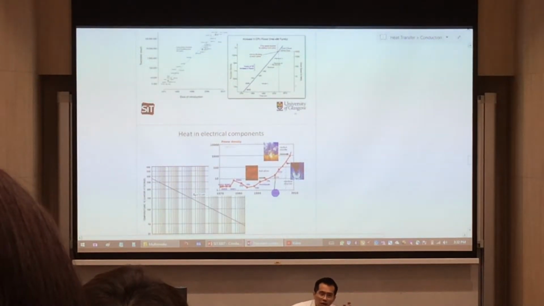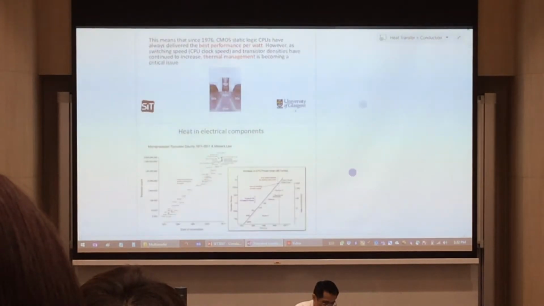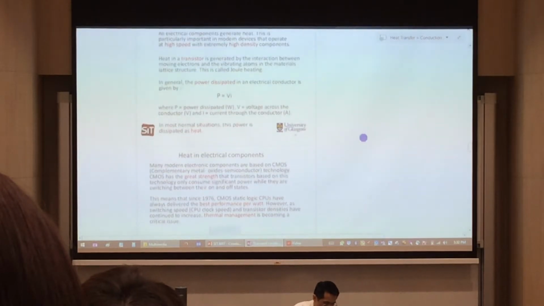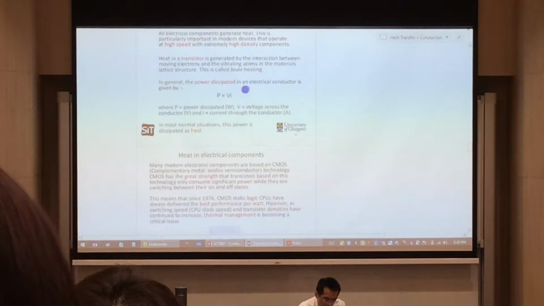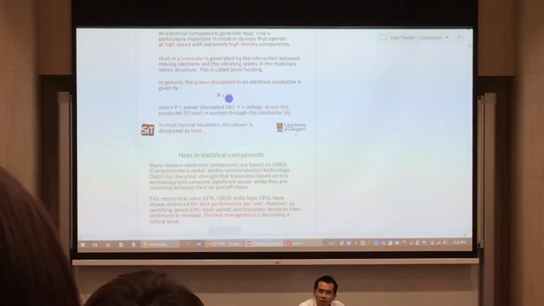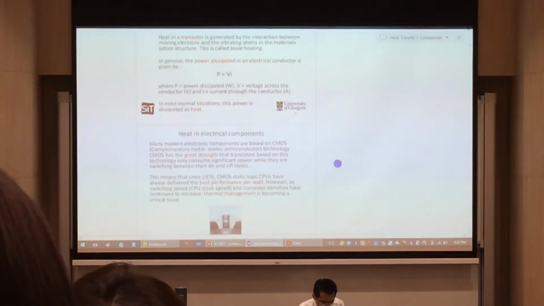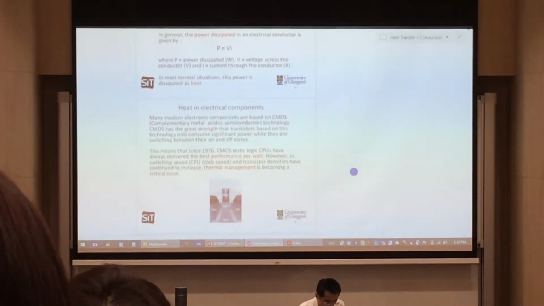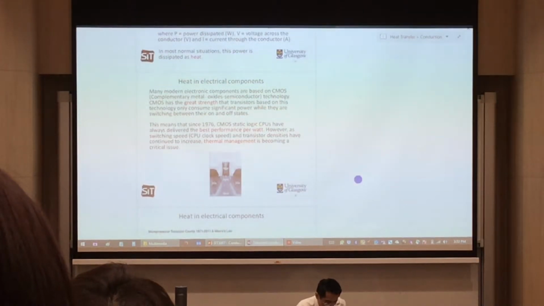So you can see that per square area, that amount of heat that's generated is going to be tremendous. The power that's generated by the transistor can be calculated by taking the voltage multiplied by the current. P is equal to IV, VI. And this is the part that the video is trying to show.